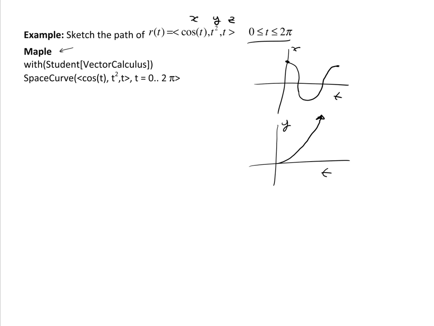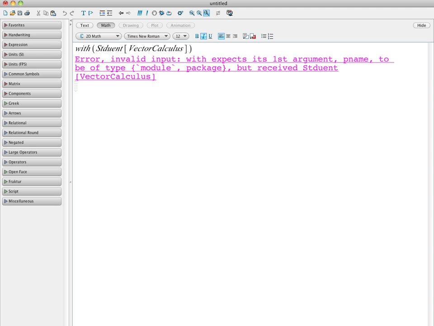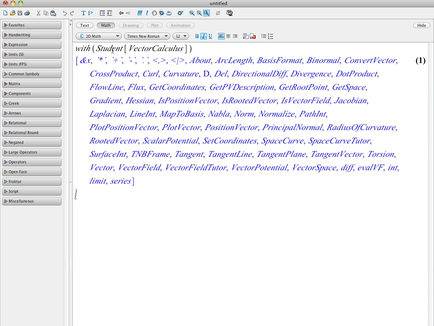So let's jump over to Maple real quick. I need to set up Maple to do this, so I'm going to tell it with student, and then I need vector calculus, because that will load the packages that I need. Whoops, spelled student wrong. Let's fix that real quick. There we go.